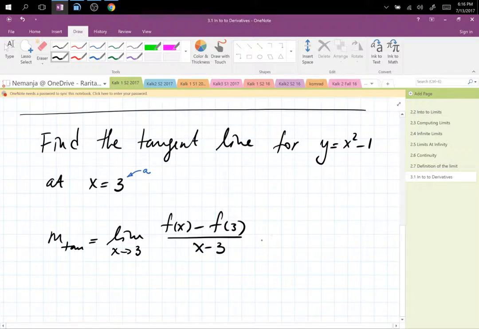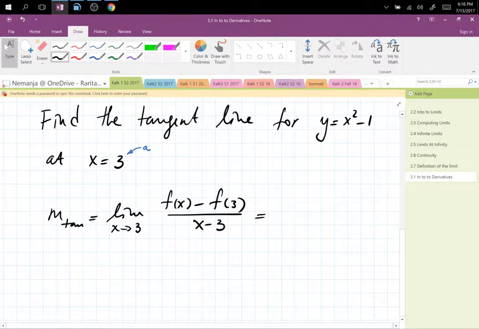So what do I have? I have the limit x goes to 3, and then f of x is going to be x squared minus 1, and then we have minus, well, how much is f of 3? You can compute f of 3 on the side and get 8.